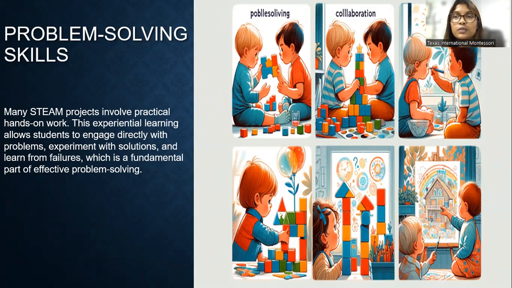Sometimes to solve a problem, you can't use just one solution. Sometimes to solve that particular well-defined problem, you need multiple answers, multiple solutions. So children start thinking from different angles now that they have more knowledge through the STEAM educational approach. So now they are better in problem solving.